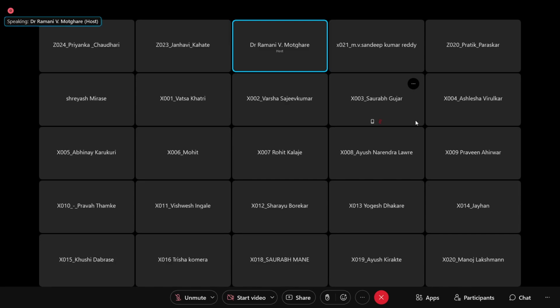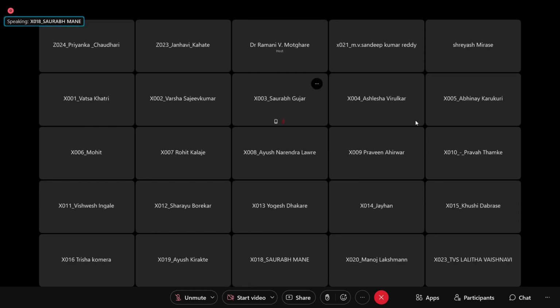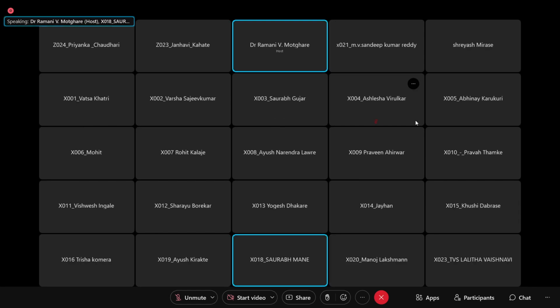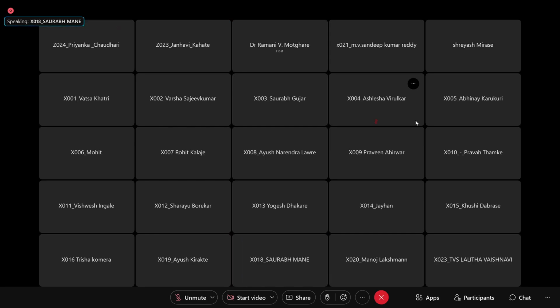Ma'am, will you share this PDF? Yeah, I'll try to put the photographs and then make a PDF, and I will put it in your group. But for the time being, I have to see why it is not showing these particular images.